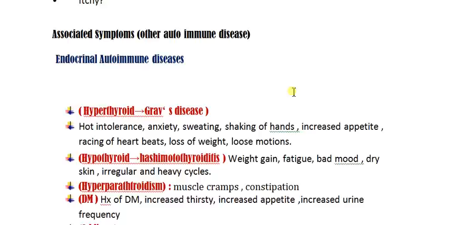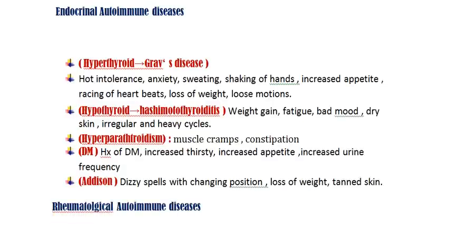So here, among the endocrinal autoimmune diseases, we have multiple: hyperthyroidism in Graves', hypothyroidism in Hashimoto's thyroiditis, hyperparathyroidism, diabetes, and Addison disease.